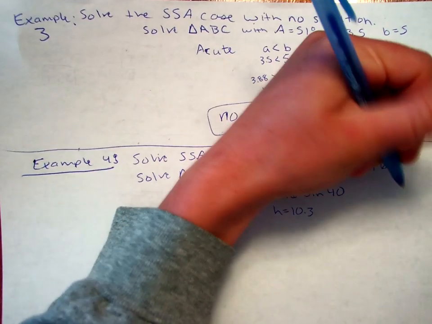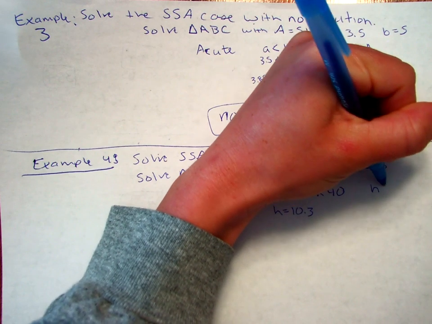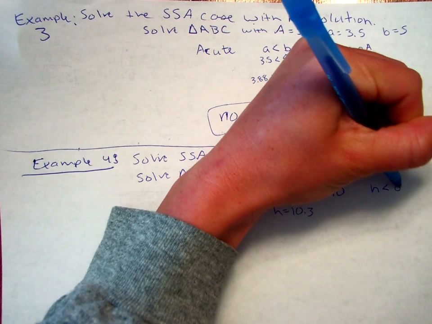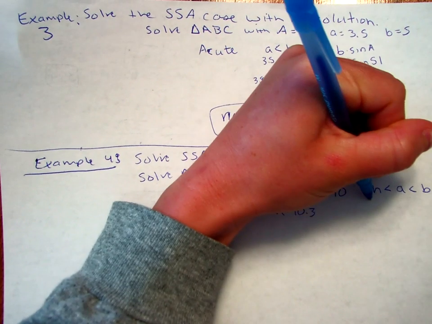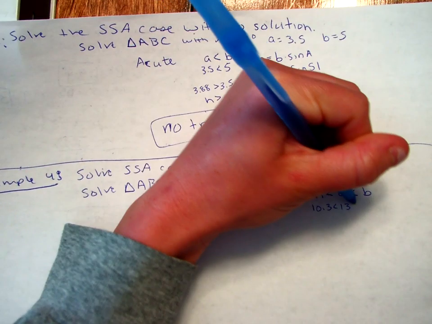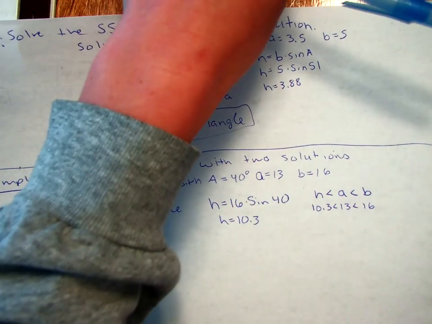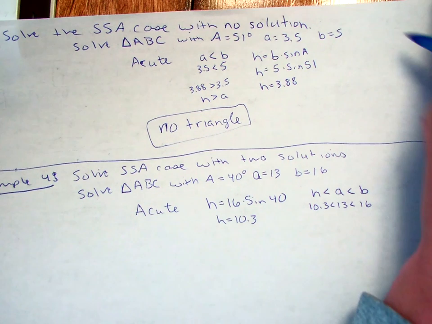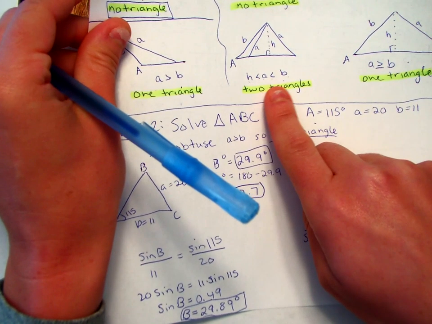So now we're basically saying H is less than A, which is less than B, because H is 10.3, which is less than 13, which is less than 16. There is something that looks like this: H is less than A, which is less than B. So we have two triangles.